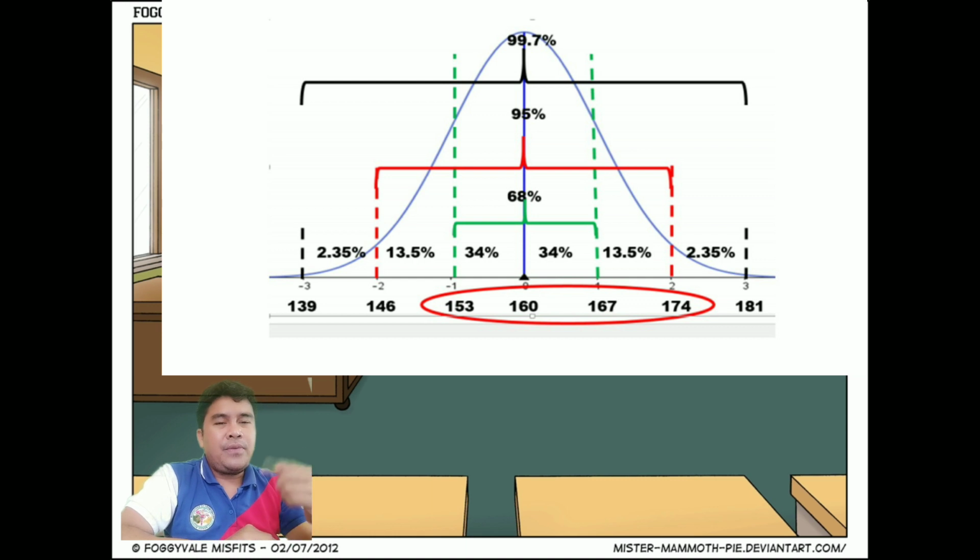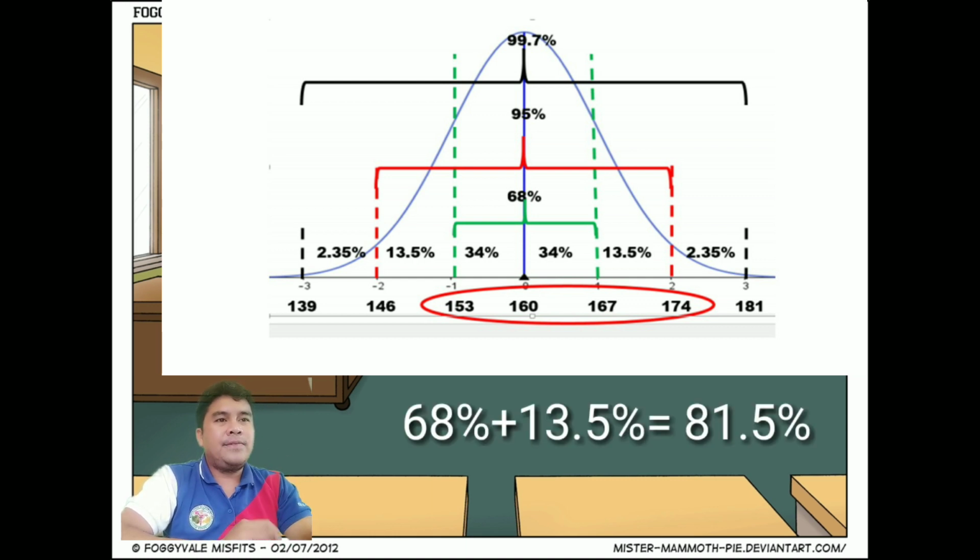So if you're going to sum the distribution, we have 81.5%. Therefore, the height within 153 to 174 lies on the 81.5% of the distribution.